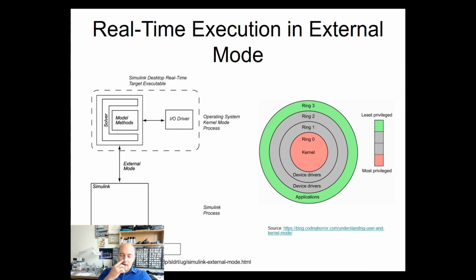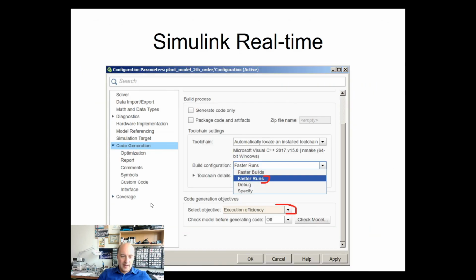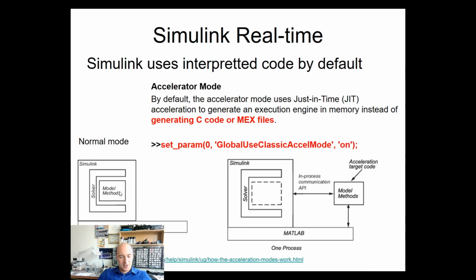Now, what does it mean if you want to run the code in real time? So remember this picture. Here we have MATLAB, and here we have Simulink. Now, if we are not running in real time, it looks like this. My model and my solver run as code directly in Simulink.